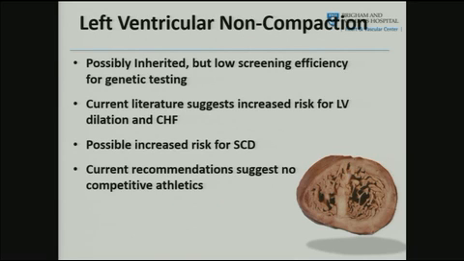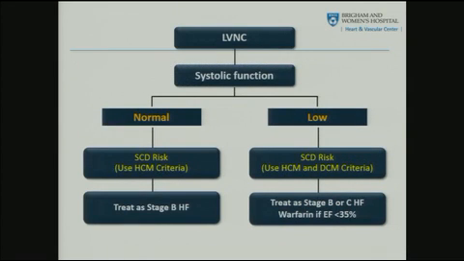If you have this phenotype, the general recommendation is not to participate in competitive athletics. In general, if systolic function is normal, then there's the thought that there's lesser risk for sudden death. In patients who have poor systolic function, there's greater risk.